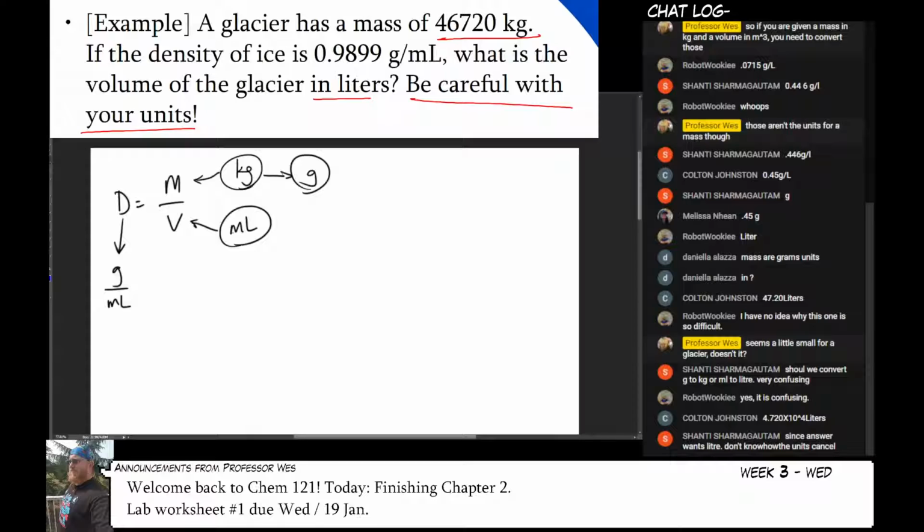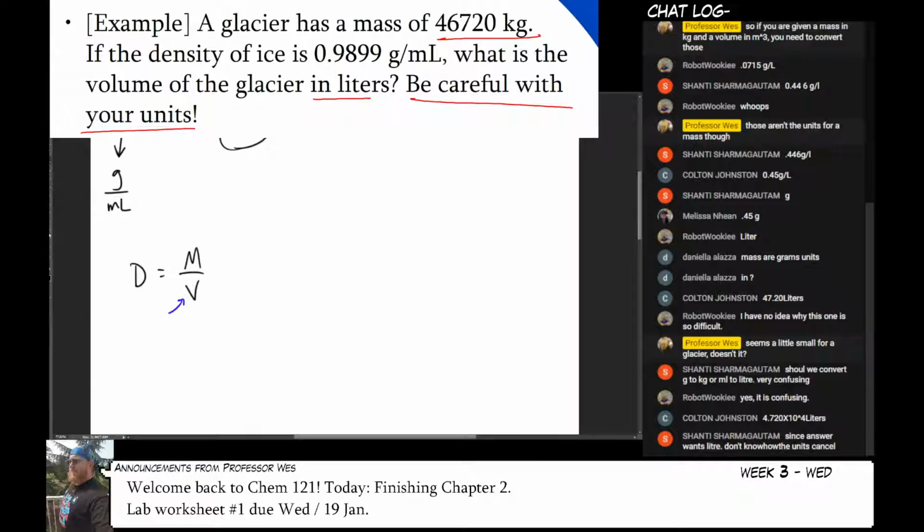Now, how do we solve for the volume here? This is problem number 2. If I have this expression and I need to solve for the volume, you can't divide both sides by m and say, well, there we go, I did it, right?